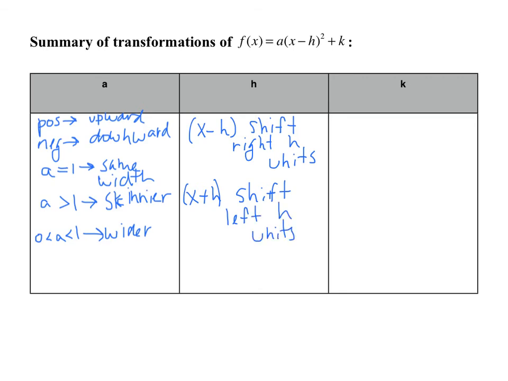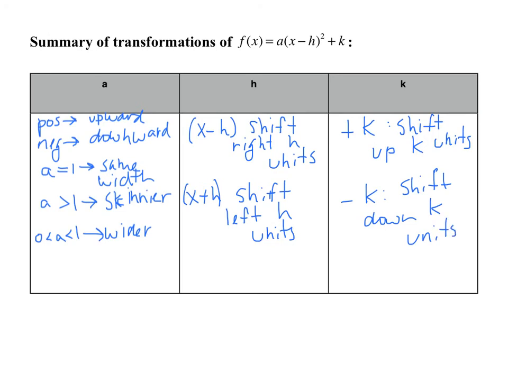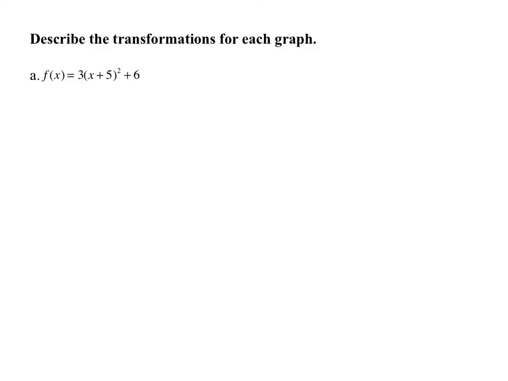Same thing with k. If you have a plus k, we know it's going to shift up, whatever k units. And if it's a minus k, it's going to shift down k units.